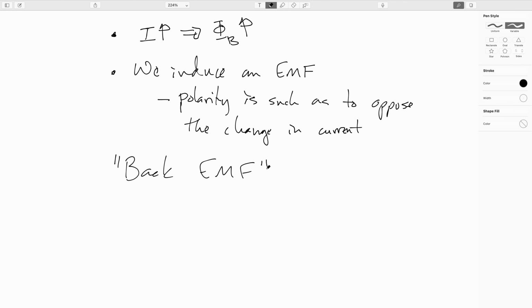You're having a greater and greater change in magnetic flux going through the coil that induces an EMF. So as a result, the amount of current that the motor can pull actually decreases as RPMs go up.